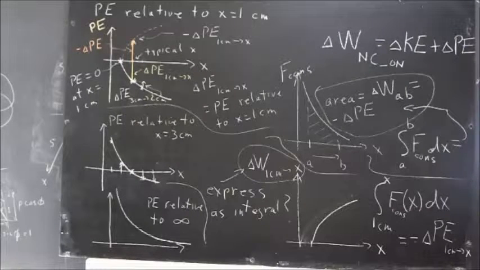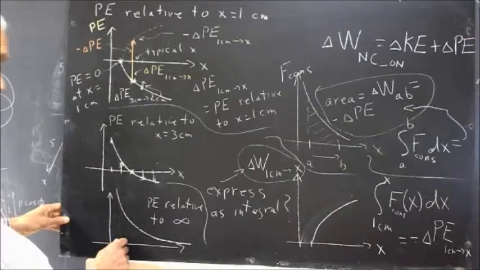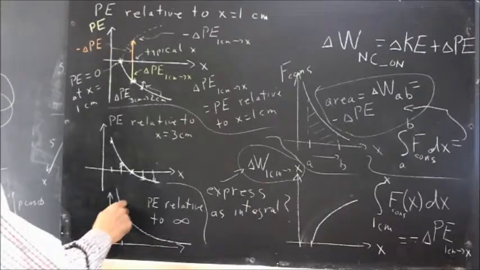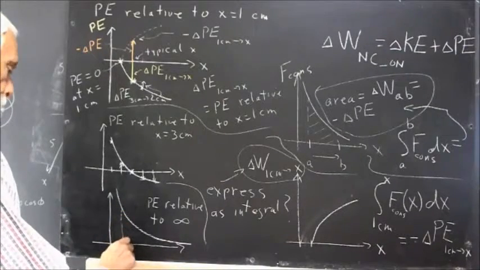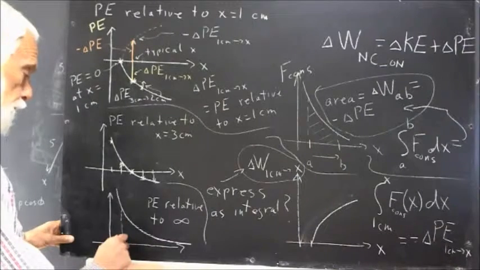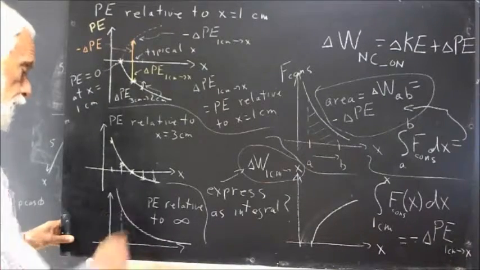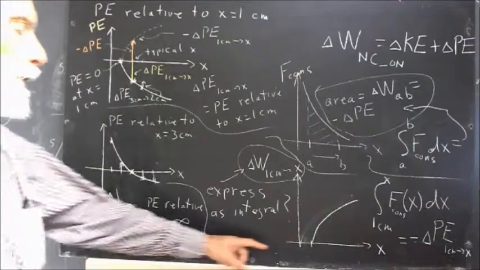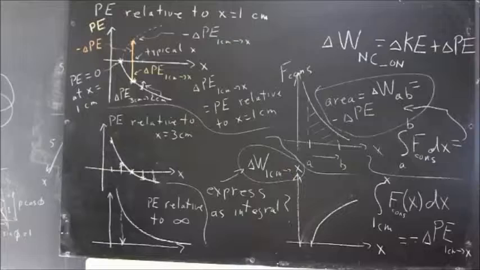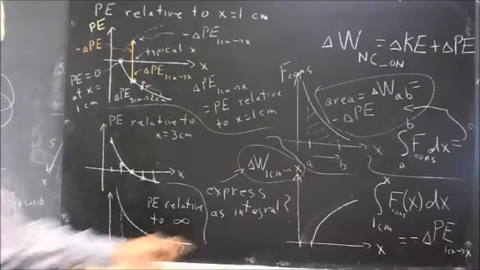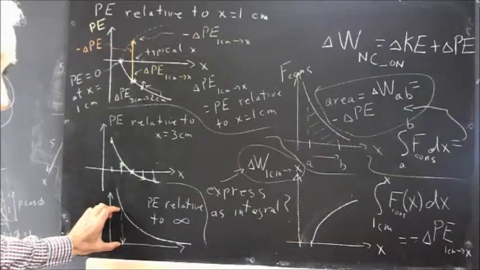And we would interpret that as being, okay, if we move from, let's say, this point to infinity, our change in potential energy is going to be negative, and it's going to be equal simply to this vector, because if our potential energy doesn't hit zero till we get to infinity, then our change in potential energy from here to infinity is going to be this.